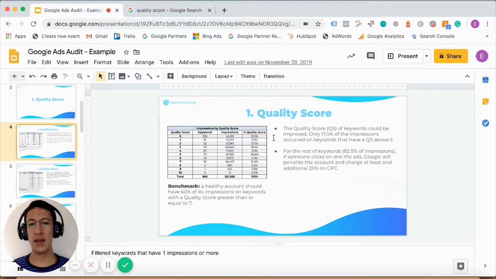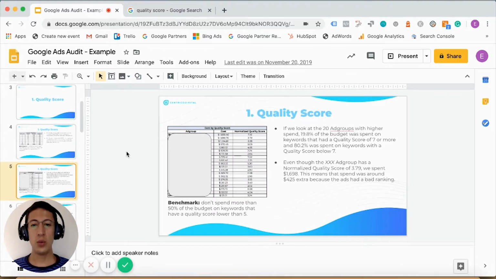So that actually means that for the other 82% of impressions, they were going to be penalized in terms of cost per click every time that a user clicked on one of those ads. So if we already have that data, then this allows me to know that there are a bunch of places or keywords where we need to improve our relevance, just so that we can improve our quality score and our cost per clicks as well.